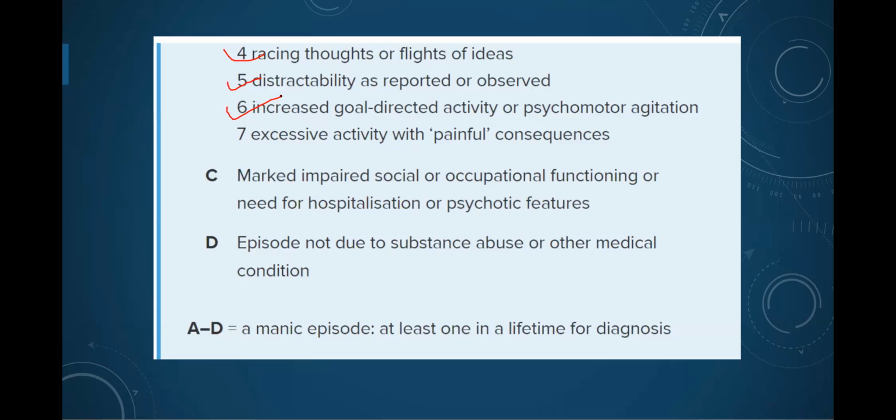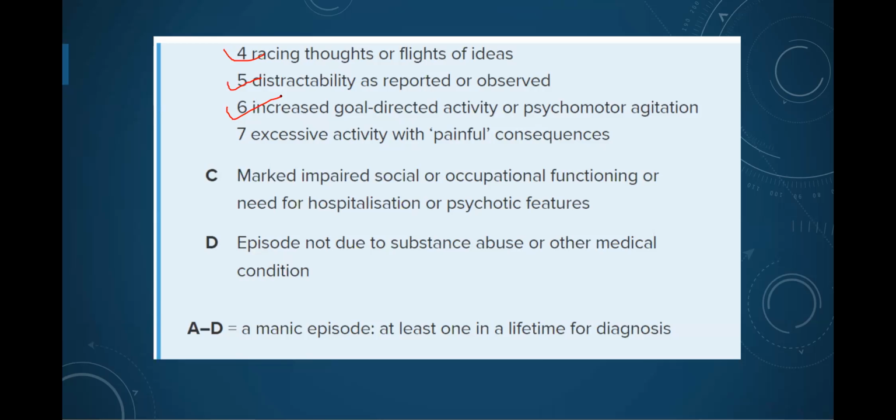Increased goal directed activity, which means previously the patient could not finish one semester in the university, but now when the mania came up, the patient has enrolled himself in mathematics, in engineering, in science, in most of the research projects.